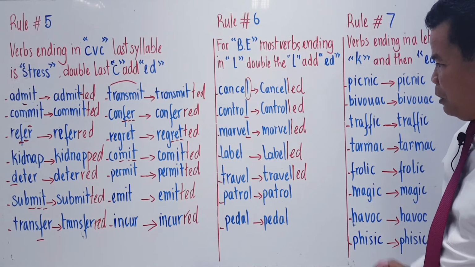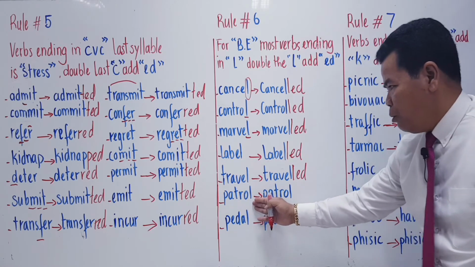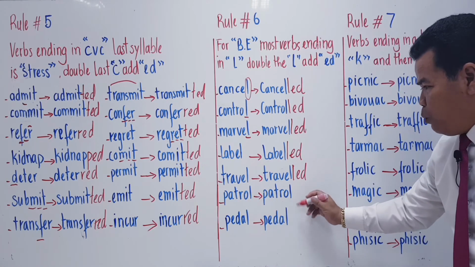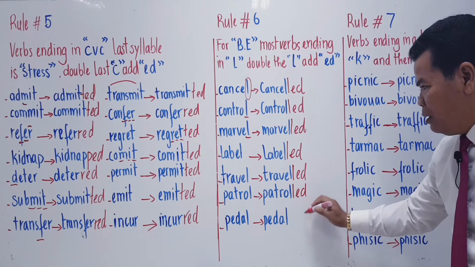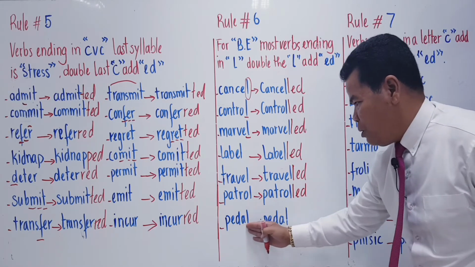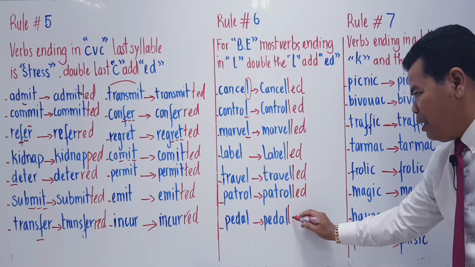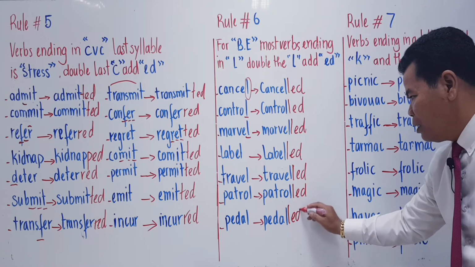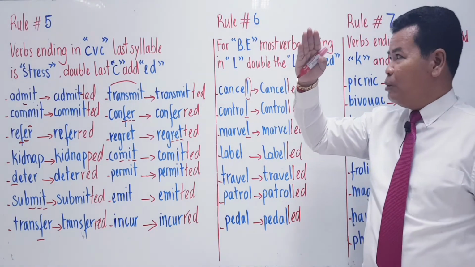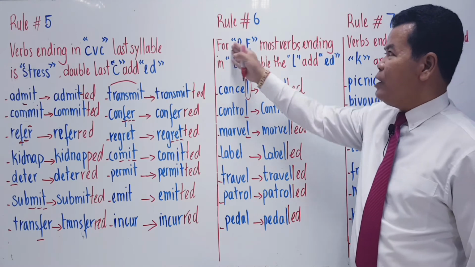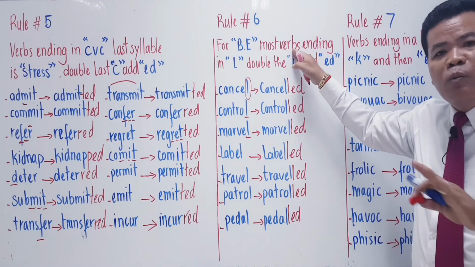Now, please have a look. Petrol, okay? When we go to past participle, we have to double one more L and then ed. Pedal. When we go to past participle, we have to double one more L and then ed. So rule number 6, we have to remember, for British English only, most verbs, I don't say all verbs, all right?